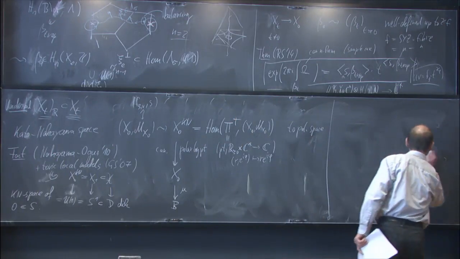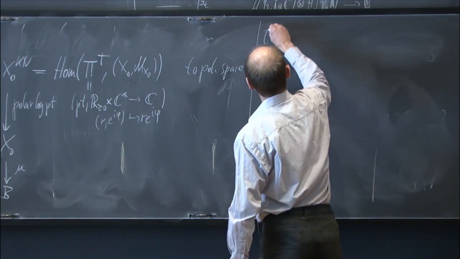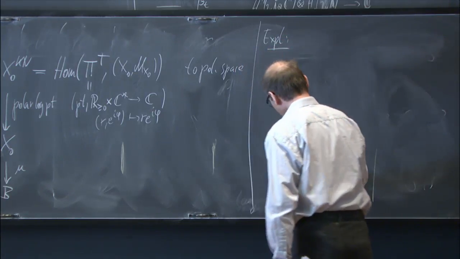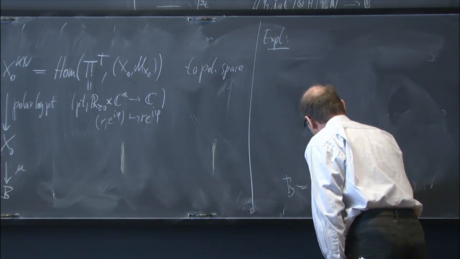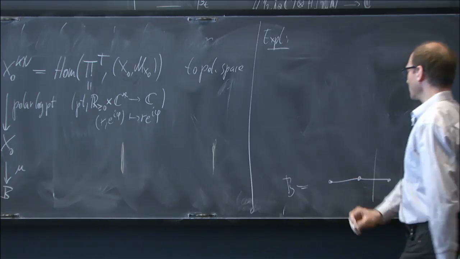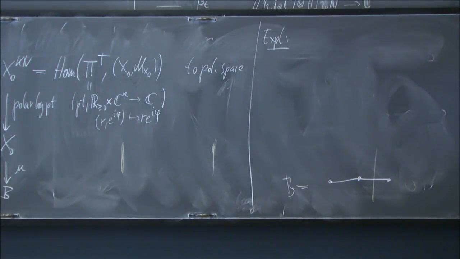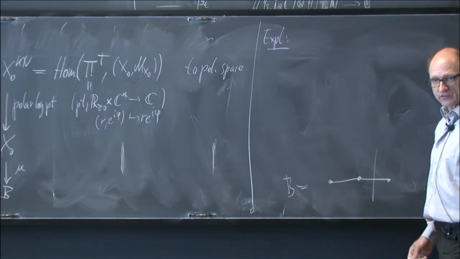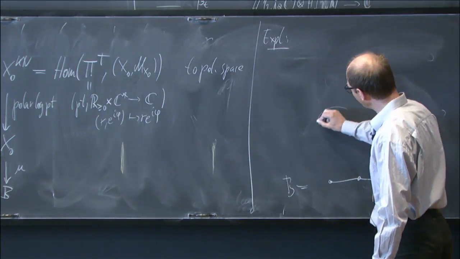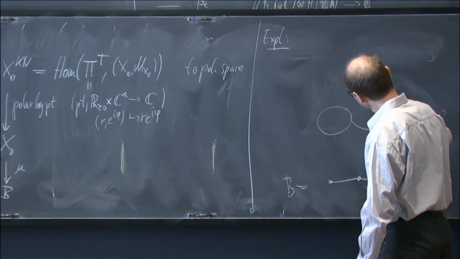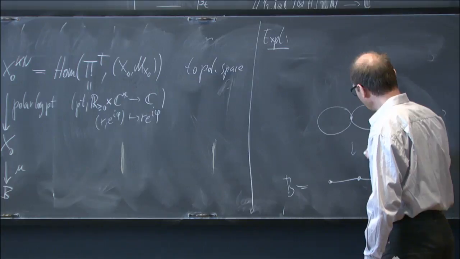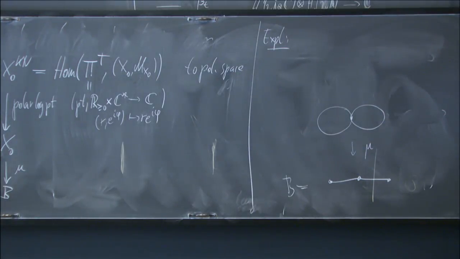Let's do a very simple example. Let's take for B a union of two intervals. So it's not one of these Calabi-Yau cases, purely toric. It means the central fiber is a union of two copies of P1. Yeah, and that's the moment map.